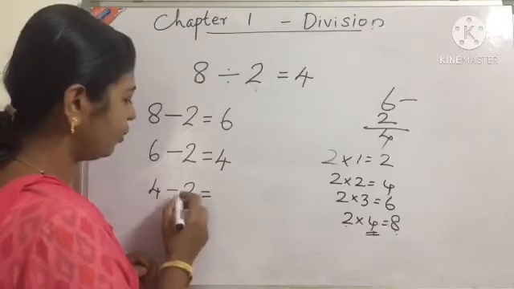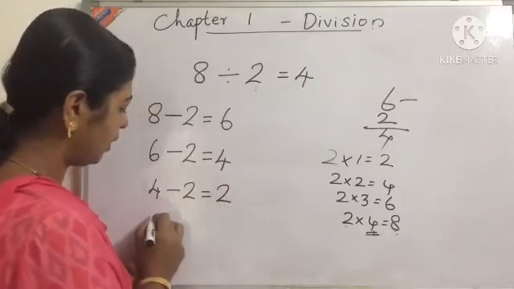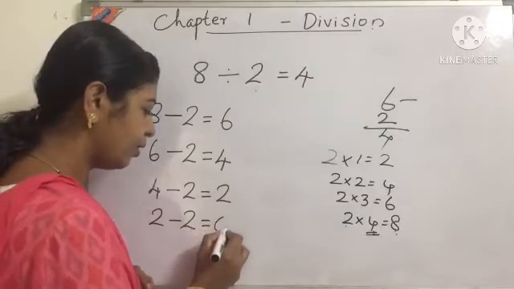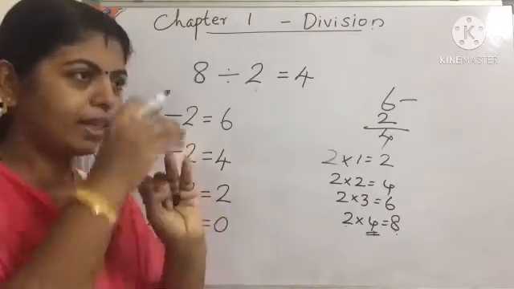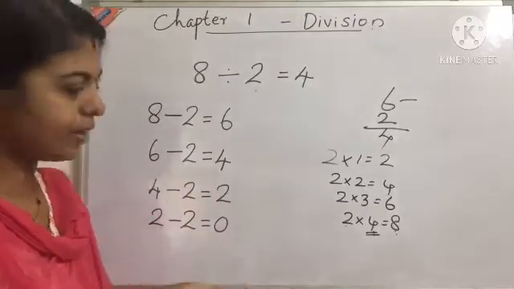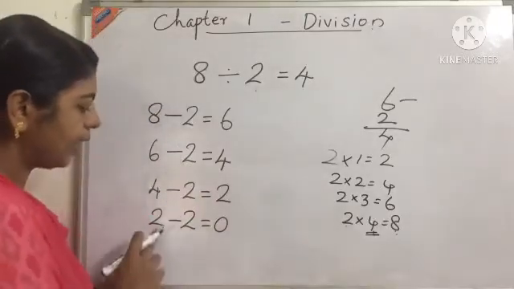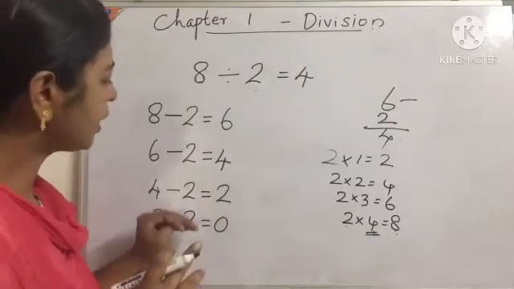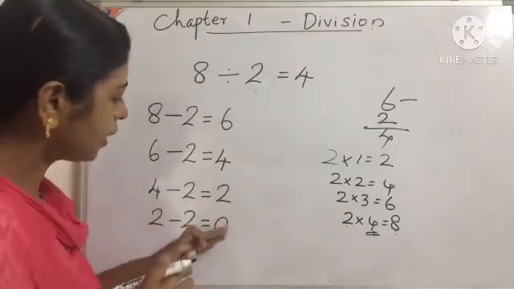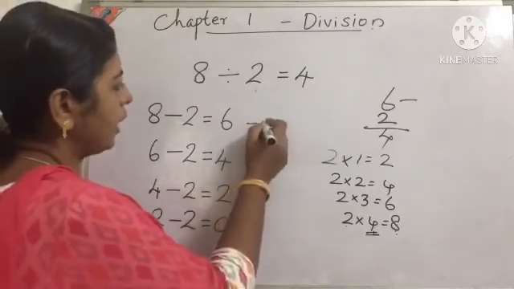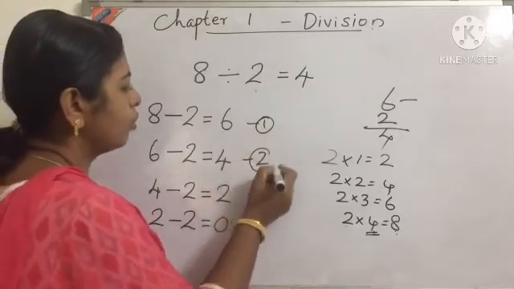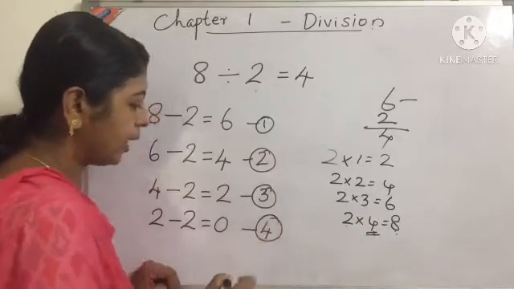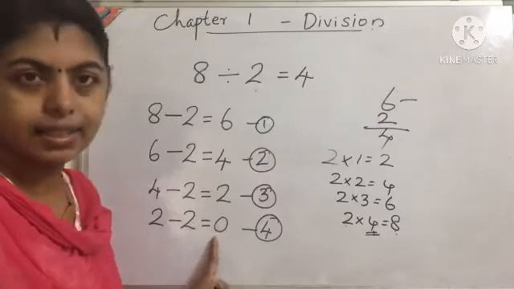is equal to 2. Then 2 minus 2 is equal to 0. We subtract 2, then there is nothing, so it's 0. We studied that a number minus the same number equals 0. How many times do we subtract to get 0? 1, 2, 3, 4. 4 times we take to get 0.